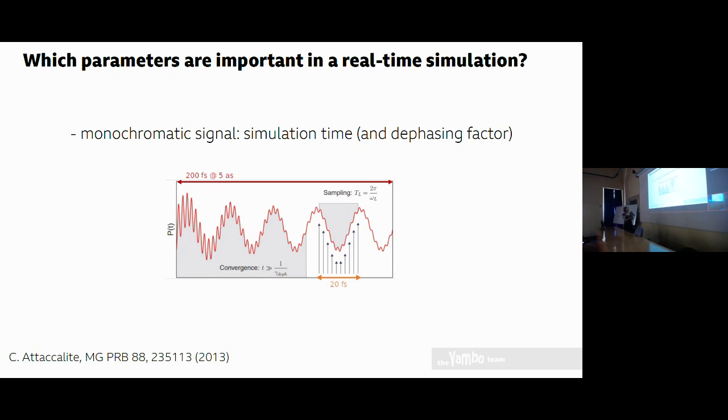So what we are doing is applying some dephasing factor, and we are waiting long enough that the contribution of those eigenfrequencies is small enough so that we can look at the second harmonic or third harmonic signal. And long enough means that we have to be careful with the simulation time.